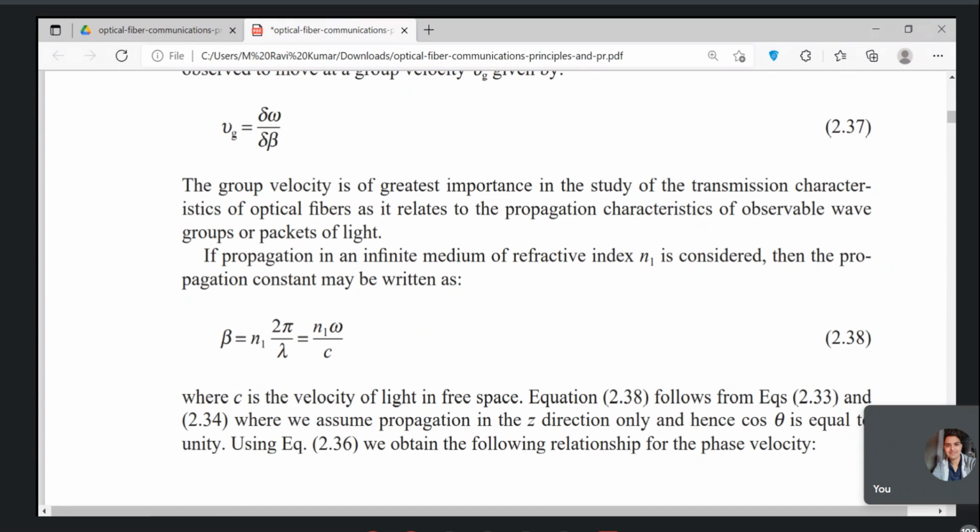Beta, or the propagation constant, is given by n1, the core refractive index, into 2 pi by lambda, and this is also n1 omega by c.